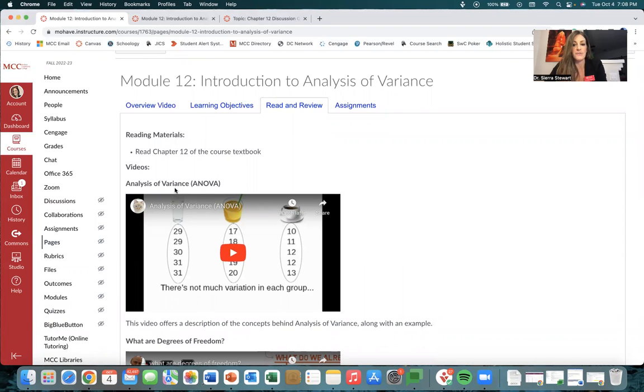What that means is ANOVAs tell you if there are any statistical differences between the means of three or more independent groups. You're looking at your p-value, and that has to be less than 0.05.